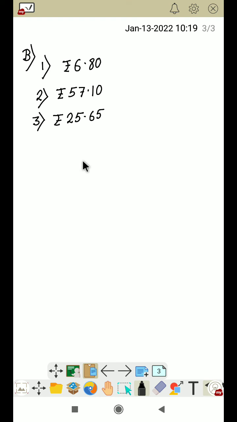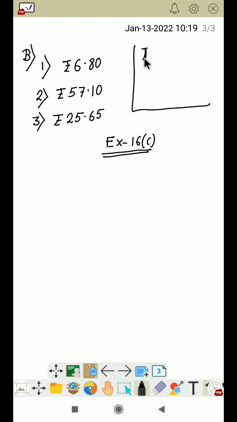Now go to our next exercise, Exercise number 16C. You know that if I ask you 1 rupee is equal to how many paise, that will be 100 paise.